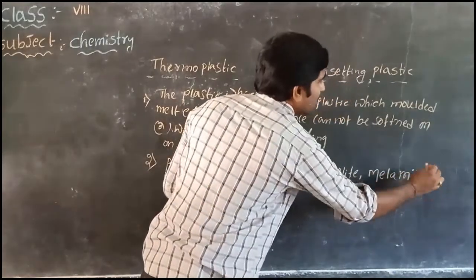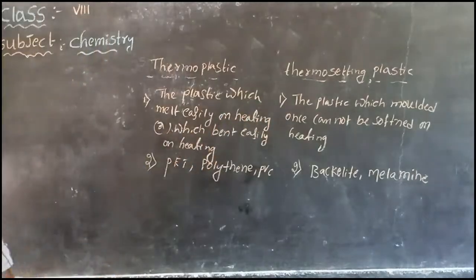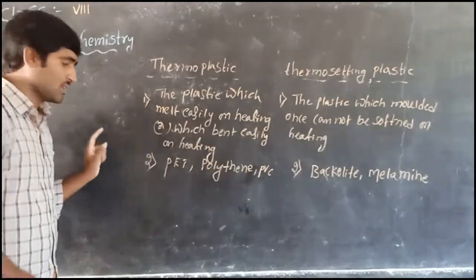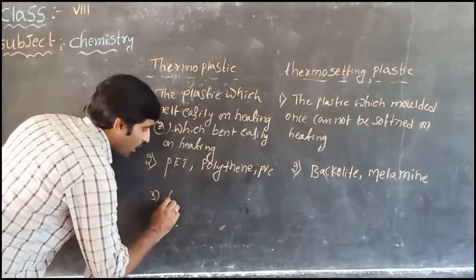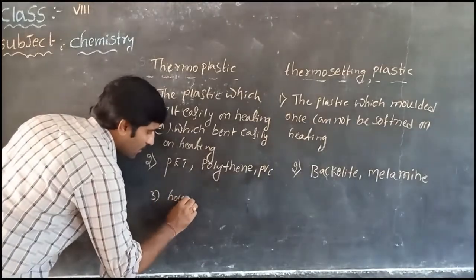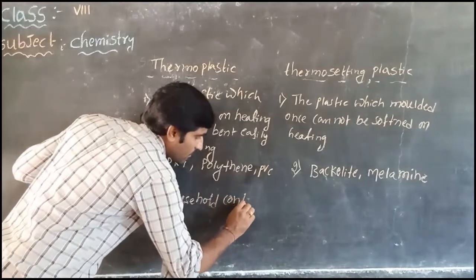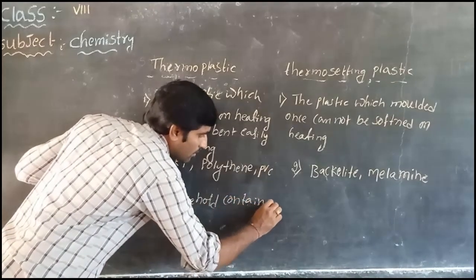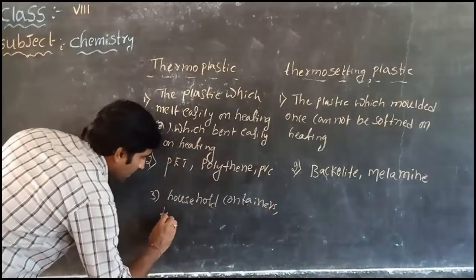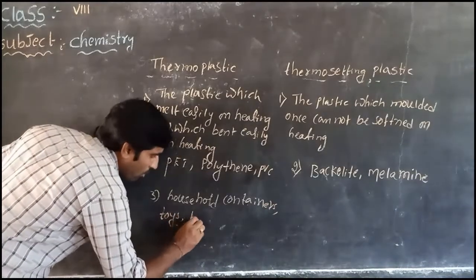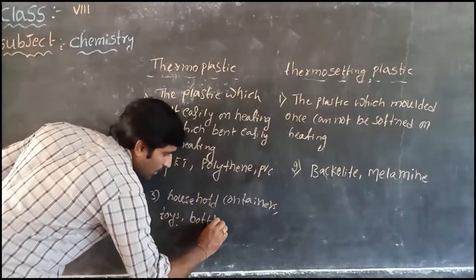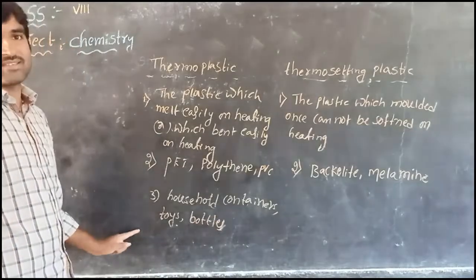For what purpose are we using thermoplastic? Thermoplastics are mainly used for household articles, household containers, toys, bottles.